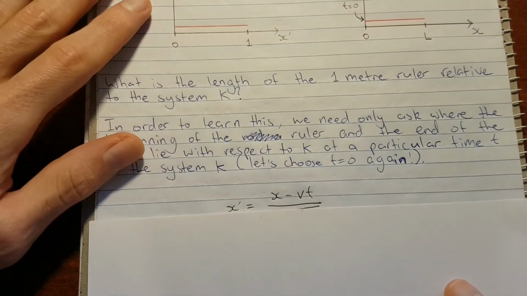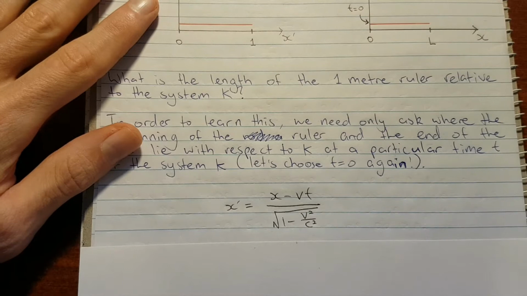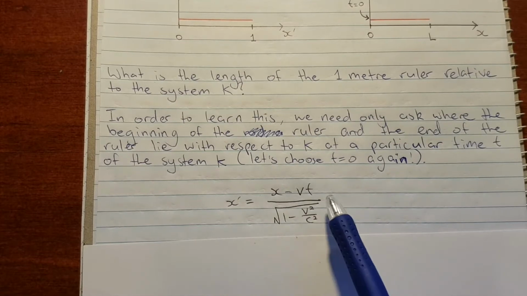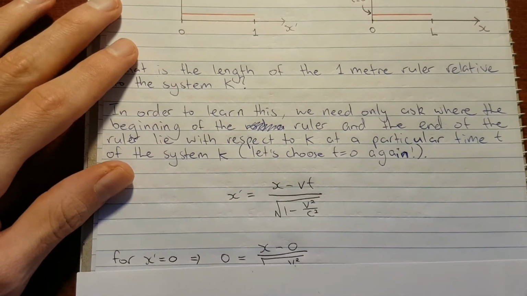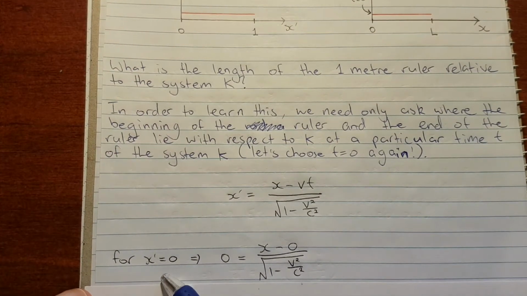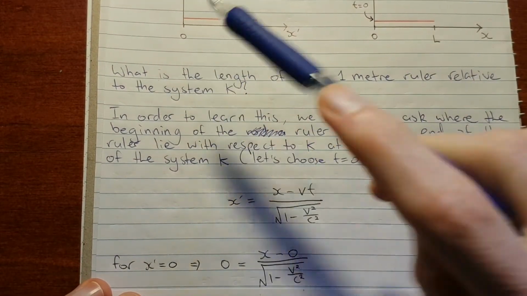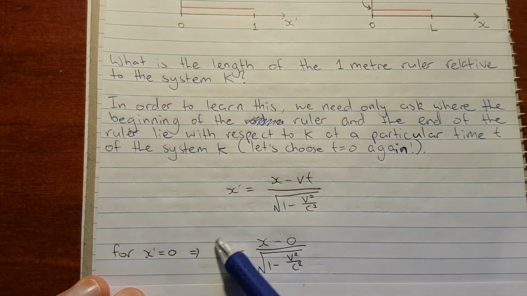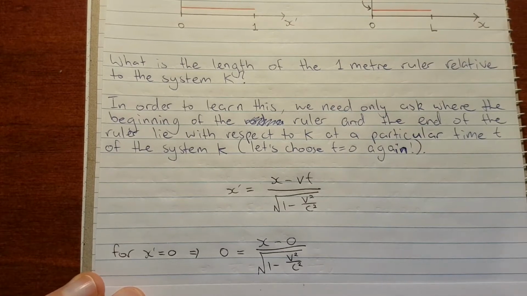So let's write down our Lorentz equation for the x primed axis that we found in the last video. That's x primed equals x minus v times t, divided by the square root term on the bottom. Now for the point x primed equals 0, the start of our ruler, x primed is going to be equal to 0. We set t equal to 0, because you're just taking your snapshot when your time equals 0.